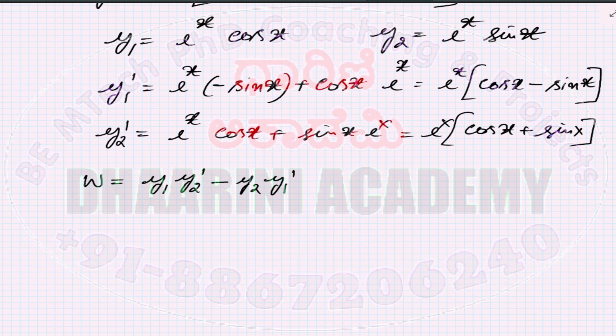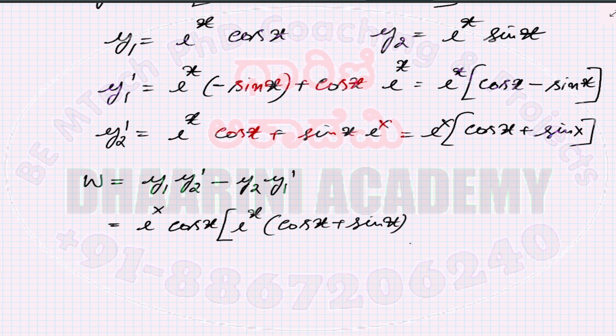We'll look at those values and we'll substitute. So this is equal to y1, which is e to the x into cos x, multiplied by y2 dash. y2 dash is e to the x into cos x plus sin x.